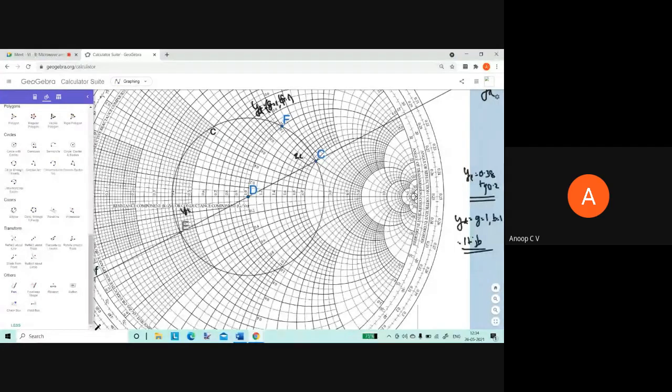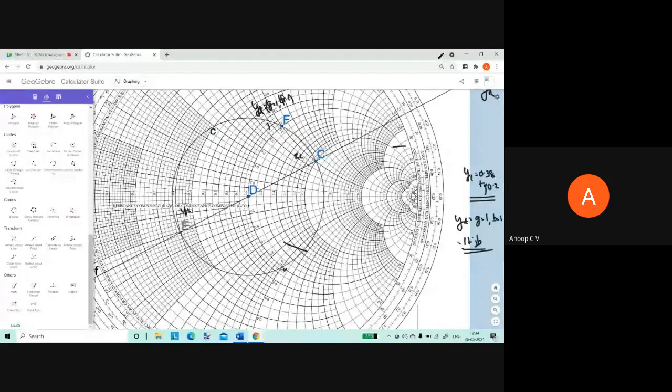So from YD, what we should do is move in clockwise sense to find where it intersects with the G equal to 1 circle.